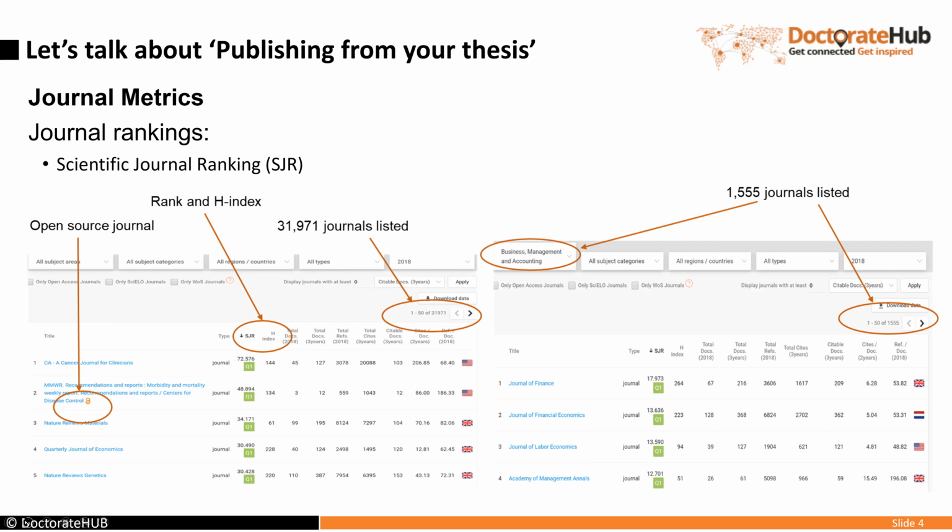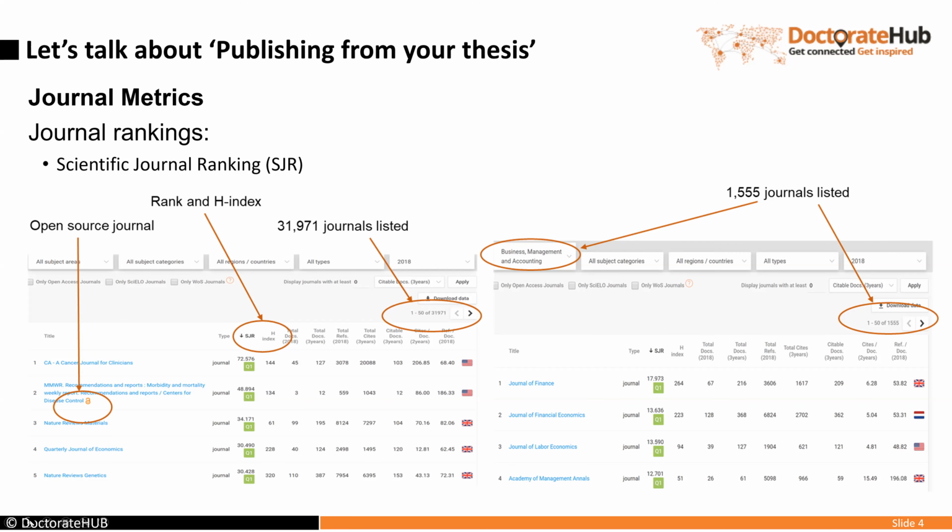They cater for H-index and ranking, and the open lock indicates it's an open access journal. You can drop down and look at the subject areas. I selected, say, business management and accounting, and thought, okay, what are all the journals there? There are still over 1,555 journals. So that's quite a comprehensive site that gives you an indication of the type of journals across the world and what quality they are.